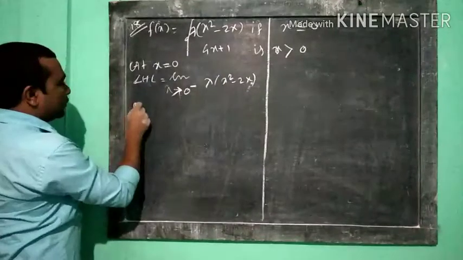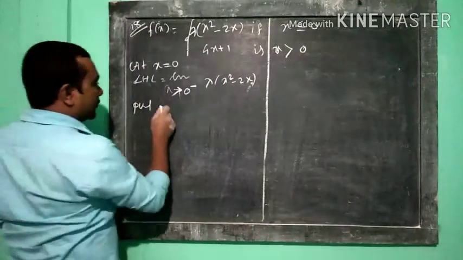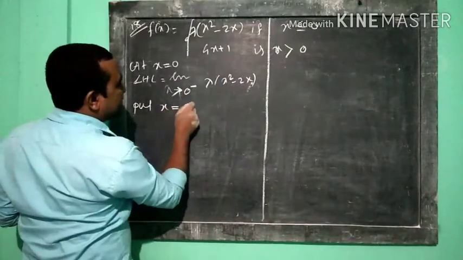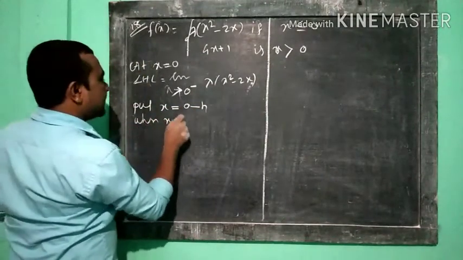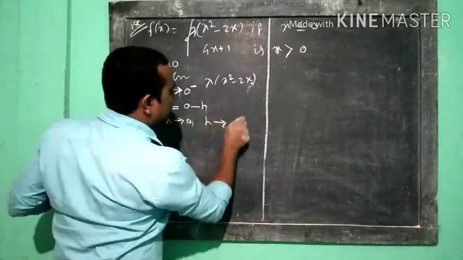Now put here x equal to 0 minus h. When x tends to 0, then h tends to 0.